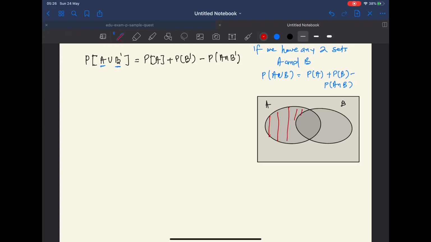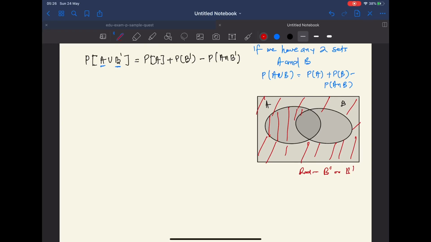It's everything in red here, and that is B complement. Any region in red is B complement or B prime, right?